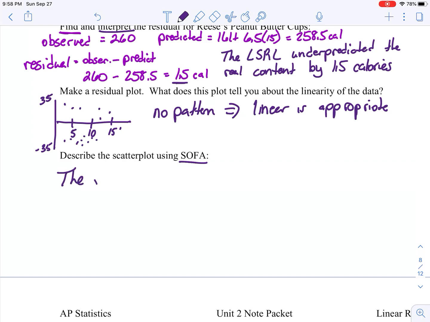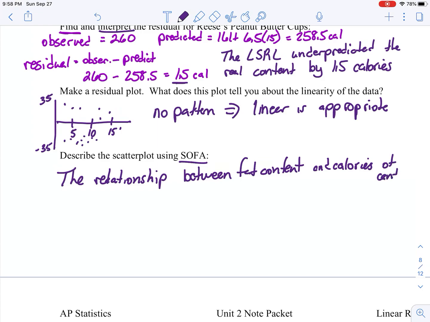So we're going to say the relationship between fat content and calories of candy bars is, and again, you can keep writing the sentence if you want. We can write SOFA out to the side, and then you can fill that in. It's fairly indifferent as far as what to do.